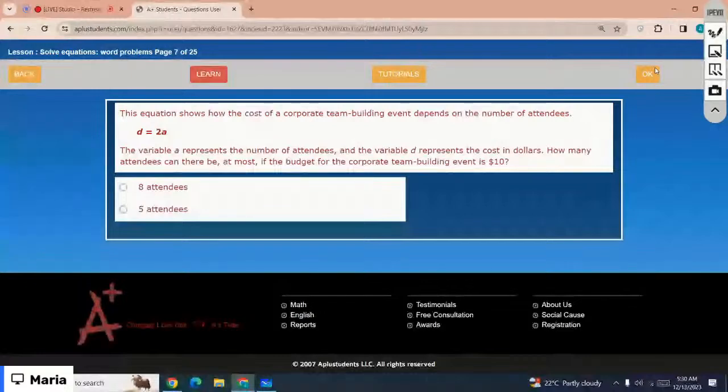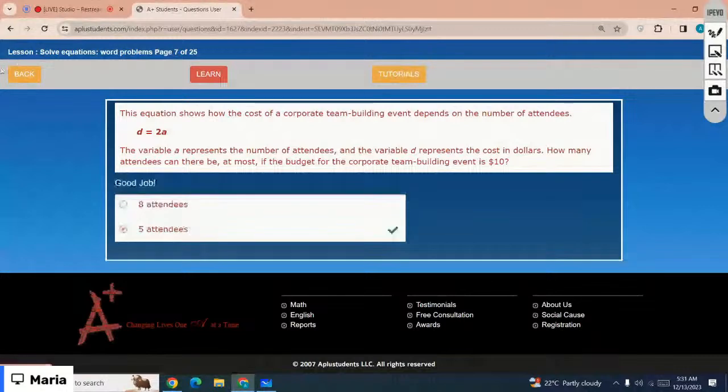So, which is the correct option? Yes, that is just five attendees. The correct option is five. Okay, you can complete the lesson by yourself later today.